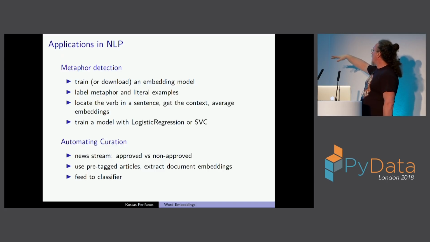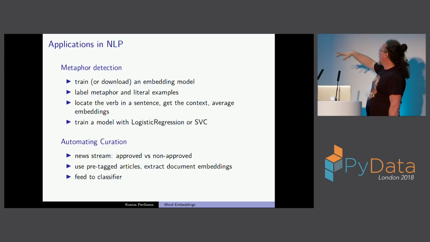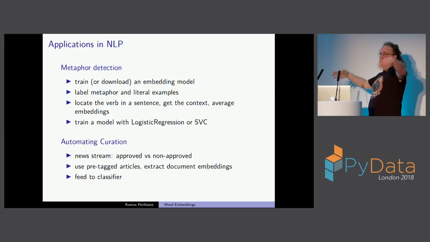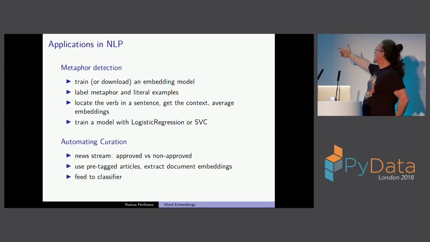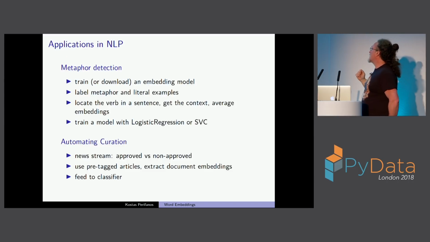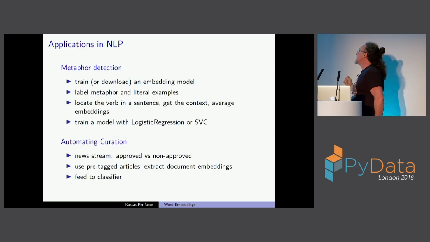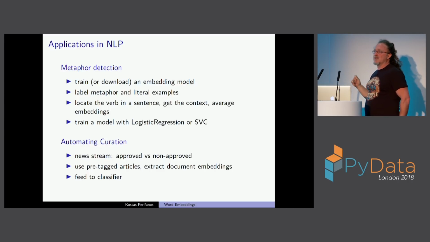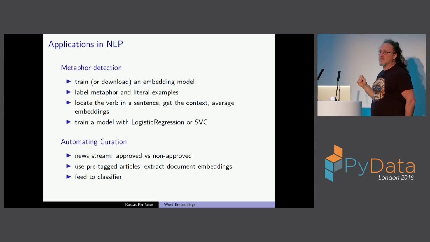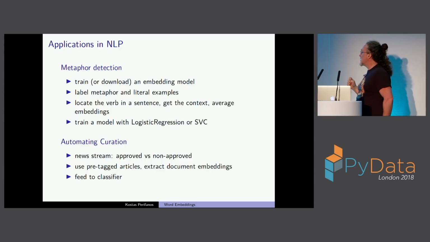Then we locate the verb in the sentence, get the context left to right, get representations, and use that as features for our model. And that works with very high accuracy compared to other approaches. I think we're approaching something like 78% accuracy, which in metaphor detection is really hard. It's a very good result.